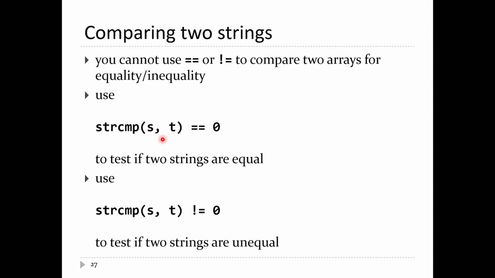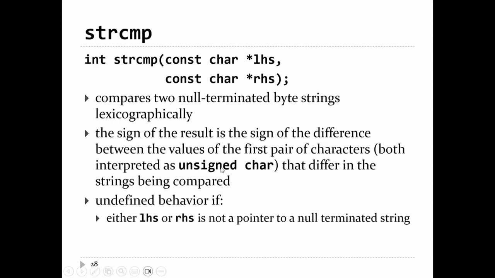So if S and T are equal, you get back 0. If S and T are not equal, so they contain different sequences of characters, you get back a signed integer value. That signed integer value encodes the lexicographical ordering of the two strings, left-hand side, right-hand side.